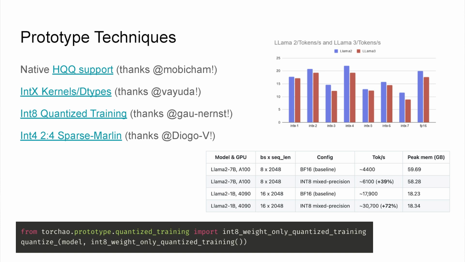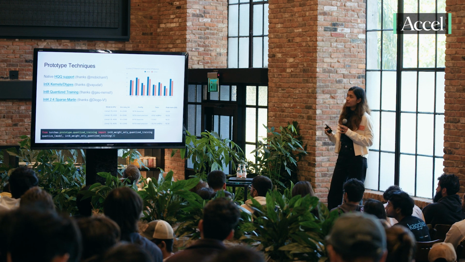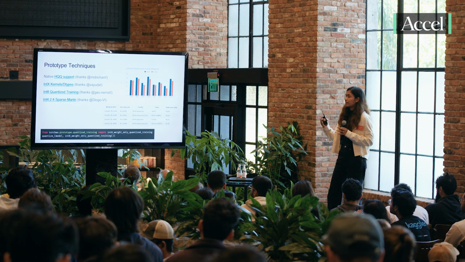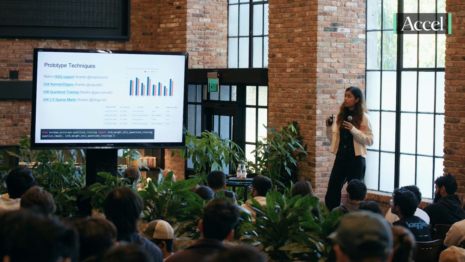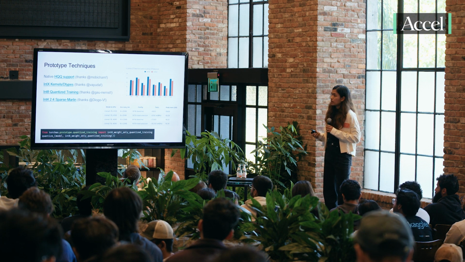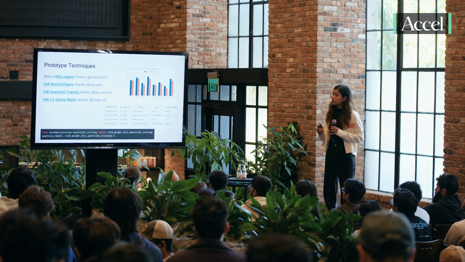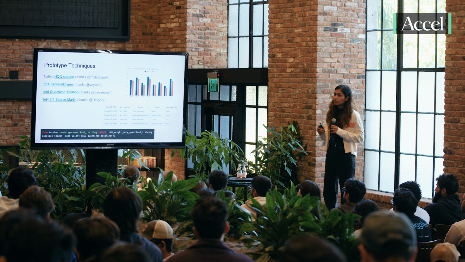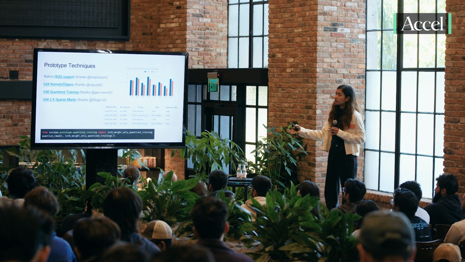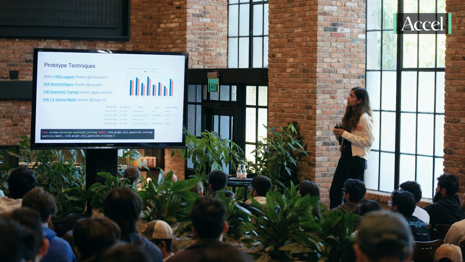The first is that Mobicham, who authored HQQ, added HQQ support in torchao in native PyTorch. So we not just have fast kernels, we also have good accuracy for those int4 kernels now in torchao. Vayuda wrote a lot of low-bit int D-type support using tensor subclasses in torchao, which really paved the way for us to invest more in low-precision inference now.